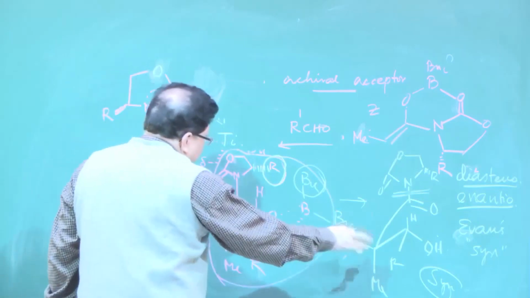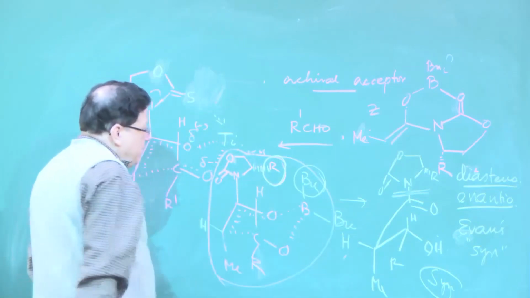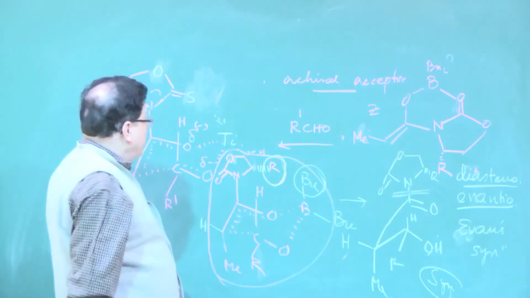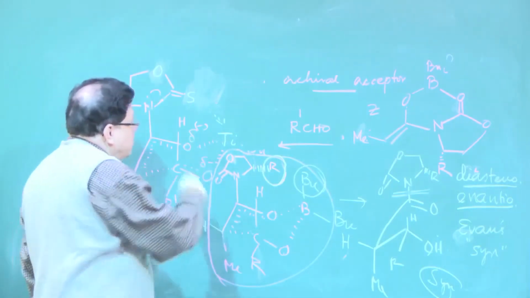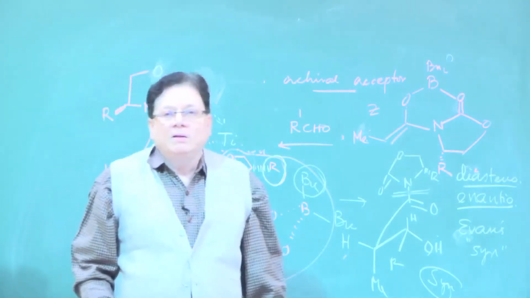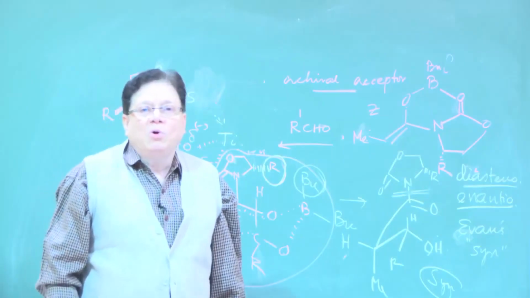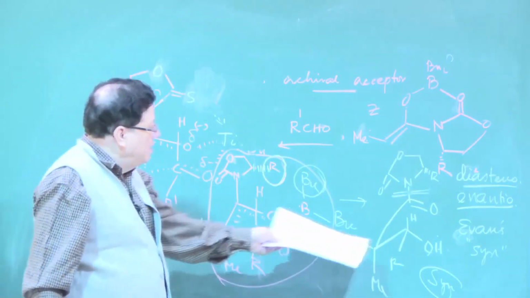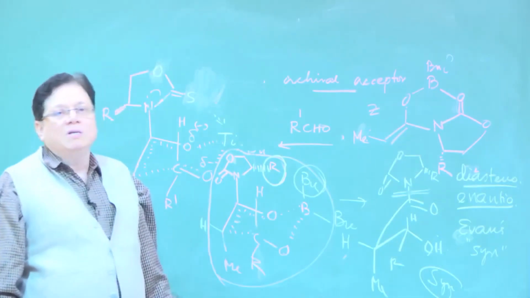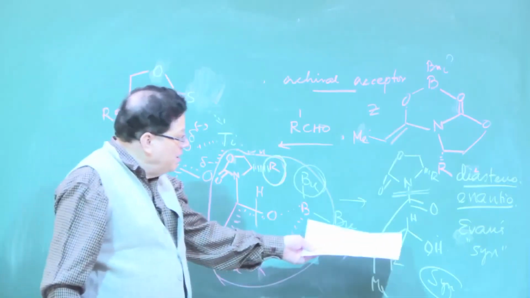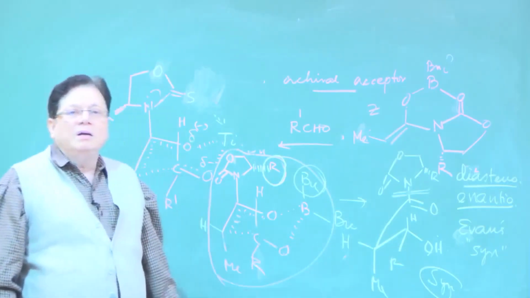You get whatever you expected from the Evans boron chemistry. That means if you take titanium as one equivalent, then you do not see any change in the product stereoselectivity. That means the same Evans syn product is obtained.